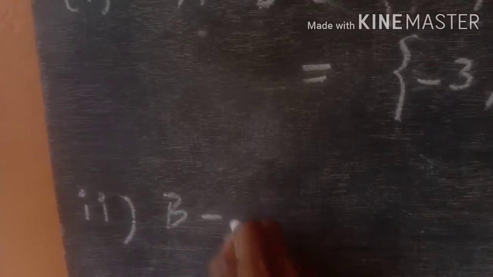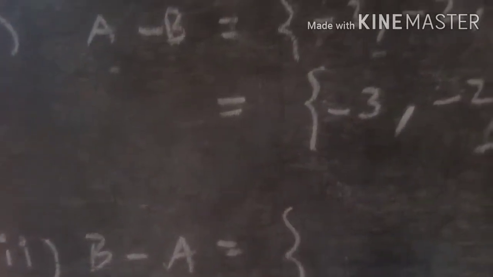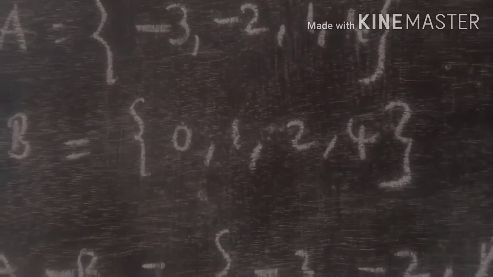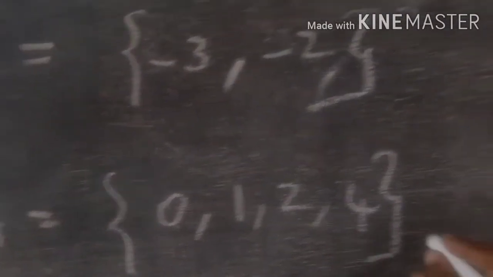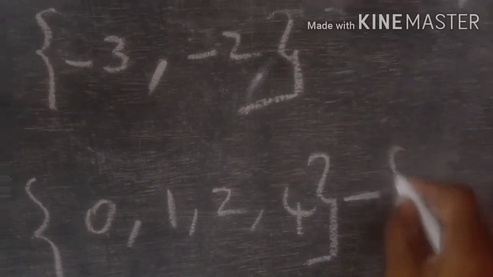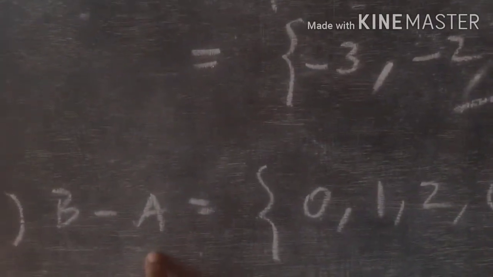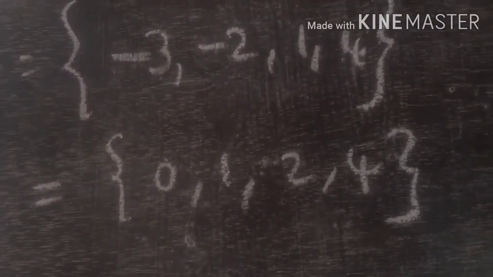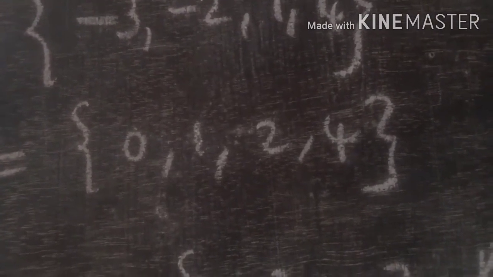Next question, B minus A. As usual, first you have to write the B set: 0, 1, 2, 4. Next, difference. What is the A set? Minus 3, minus 2, 1, 4.